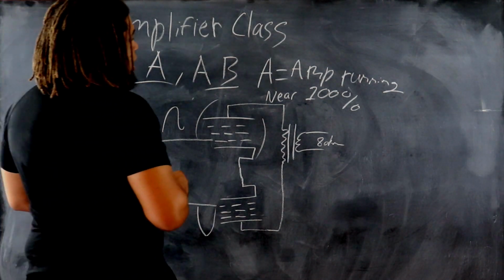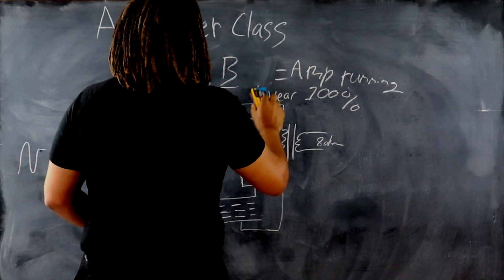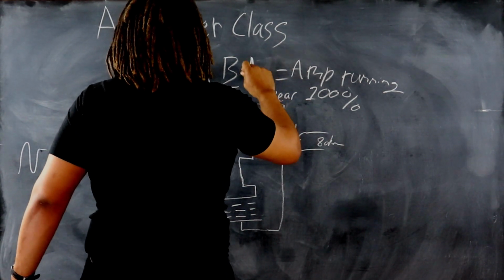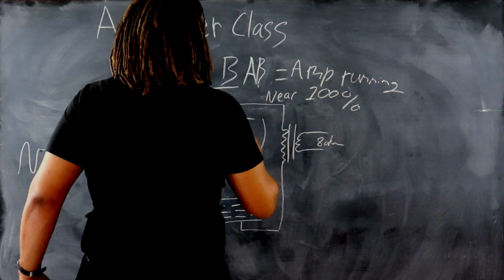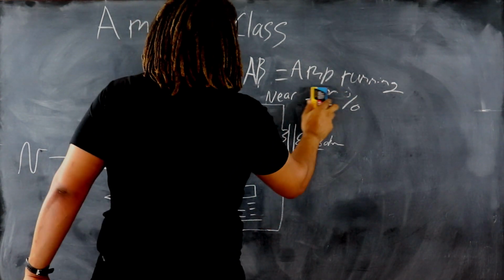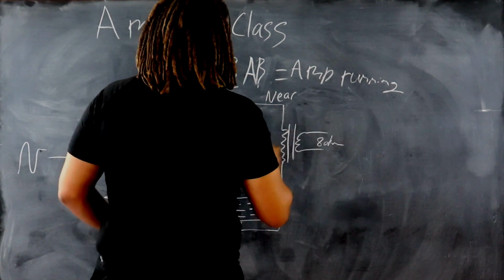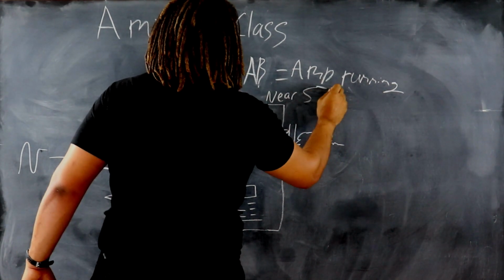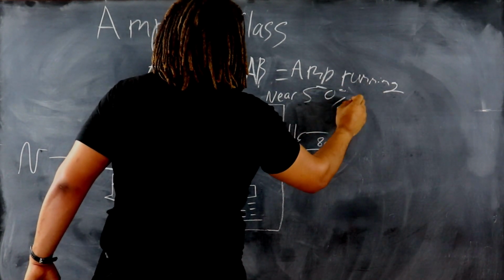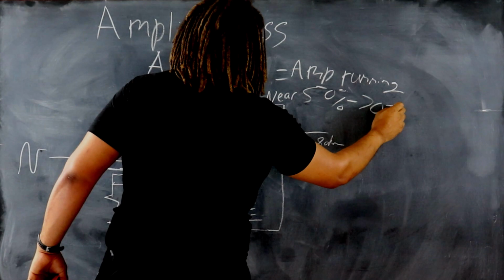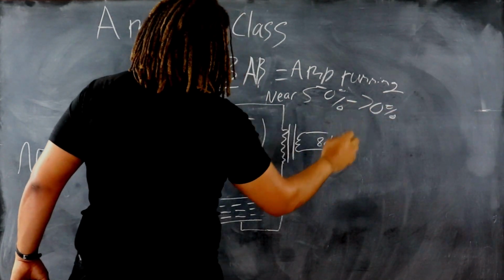So in a Class AB, the amp will be running 50 to maybe even 70%, which would be on the higher side.